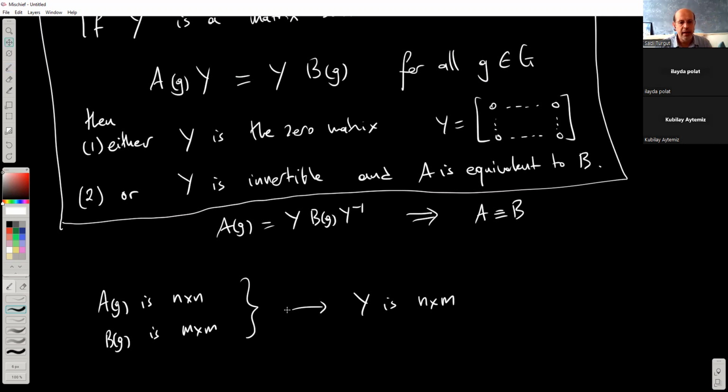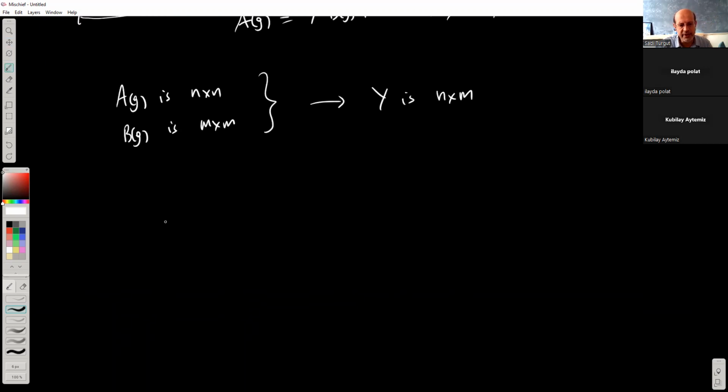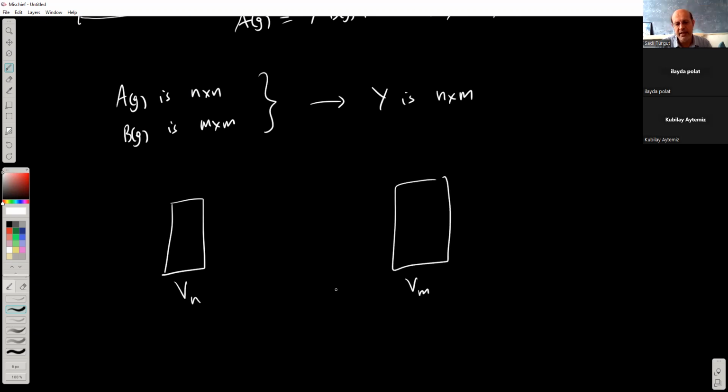Second thing is this: I can think of some kind of an n-dimensional vector space in here, and an m-dimensional vector space in here. If A is an n by n square matrix, I can think of A of G as a transformation in this vector space and B of G as a transformation in this other vector space. In that case, Y is a map from this vector space to that vector space.